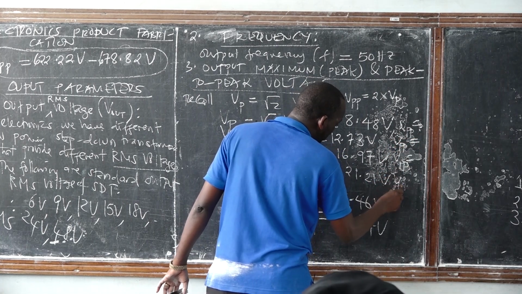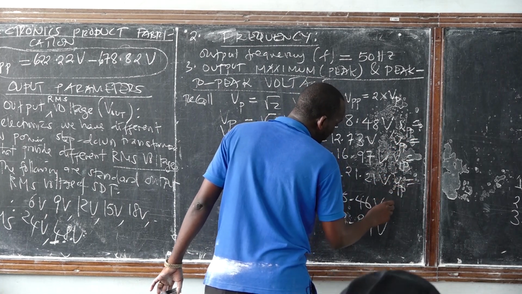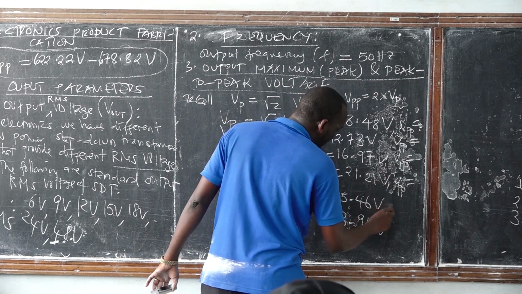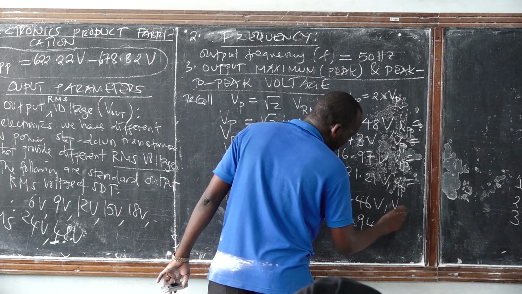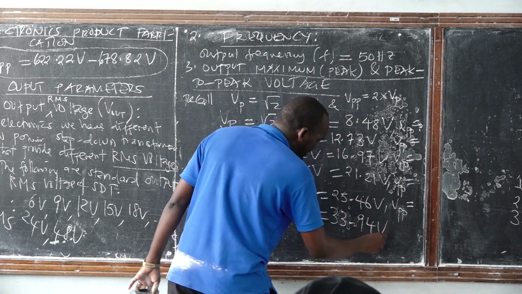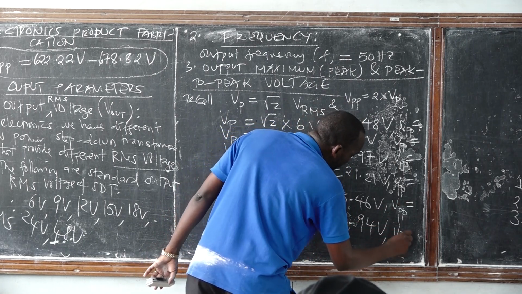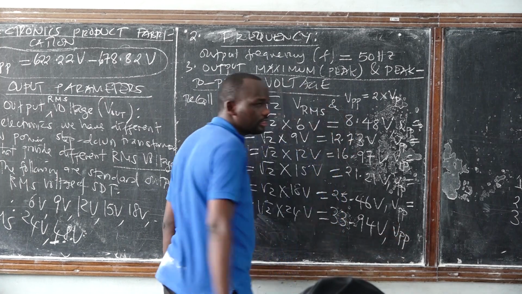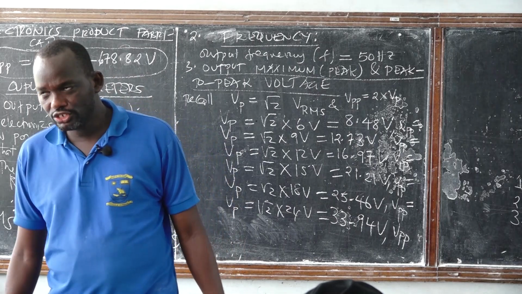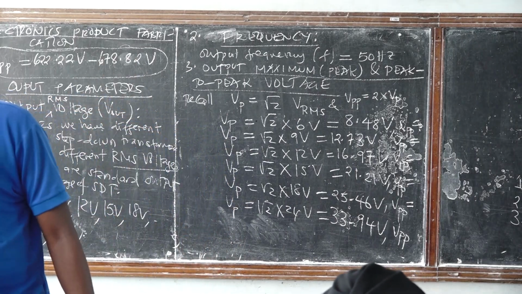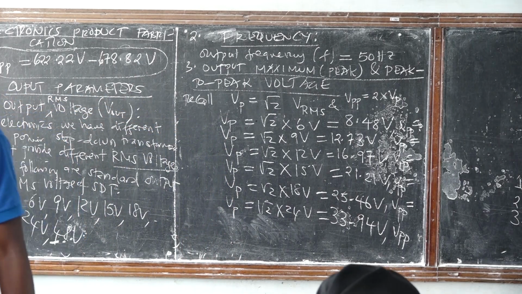Then calculate V peak to peak. Why do I tell you to calculate? This is a very important practice for you to understand the relationship of these three parameters: root mean square, maximum voltage or maximum current, and the peak to peak.